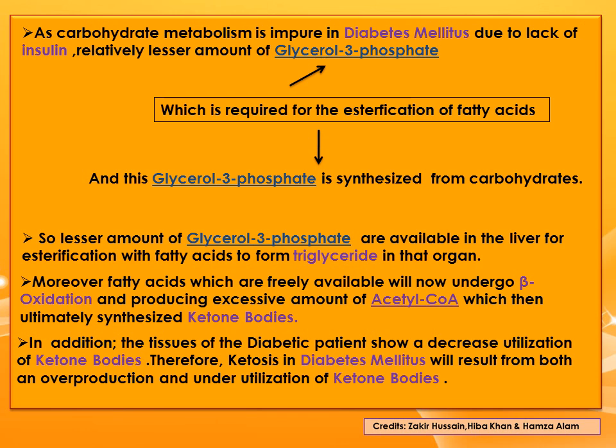But what is happening in diabetes mellitus? The patient shows a decreased utilization of ketone bodies. Therefore, ketosis in diabetes mellitus results from both an overproduction and an underutilization of ketone bodies.